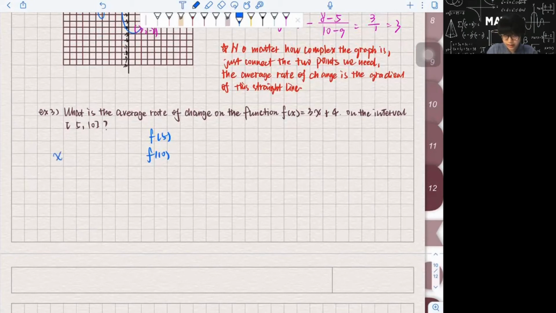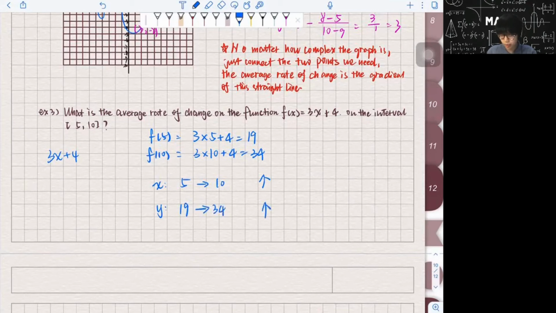As we know the function is 3x plus 4, so here will be 3 times 5 plus 4 equals 19. And here will be 3 times 10 plus 4 equals 34. And we can know that for x coordinates from 5 to 10, it's increasing. And for y coordinates, it's from 19 to 34.